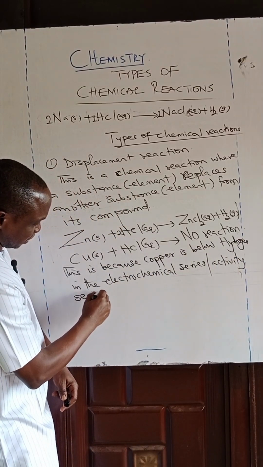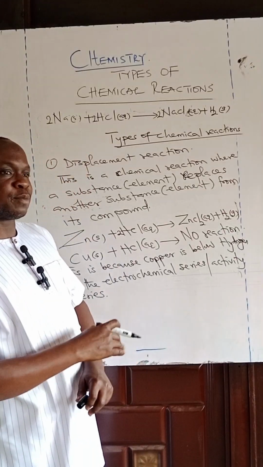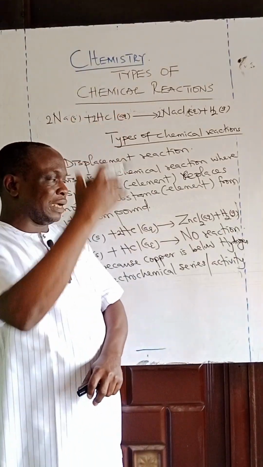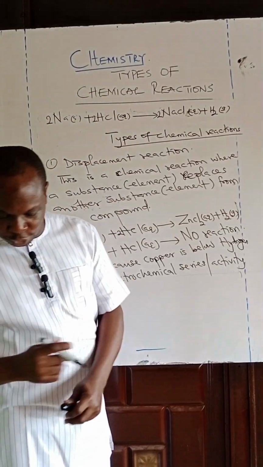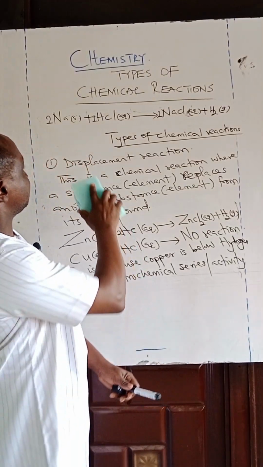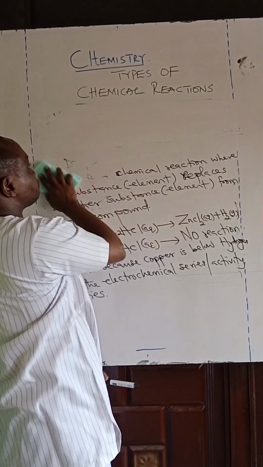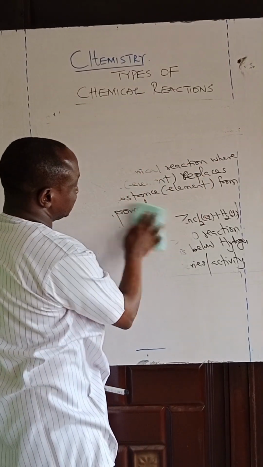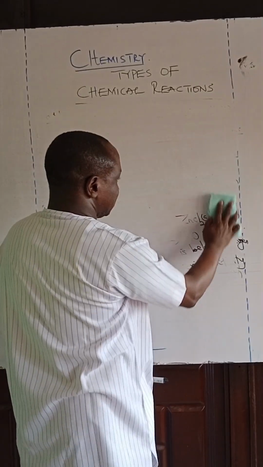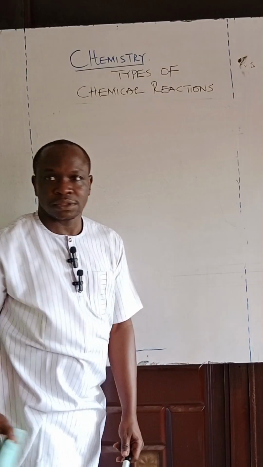The one below cannot displace a metal above it. It's not possible. So let's see the electrochemical series or activity series.